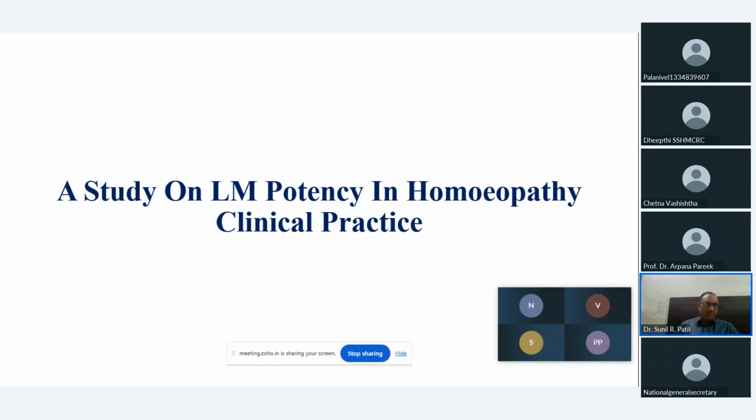This new method of dynamization was introduced by the master and father of homeopathy, Dr. Samuel Hahnemann, in the last edition of the Organon of Medicine, which was not published during his lifetime. After the death of Hahnemann, the sixth edition was published.